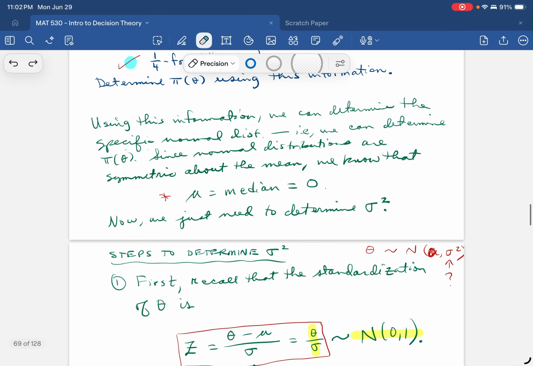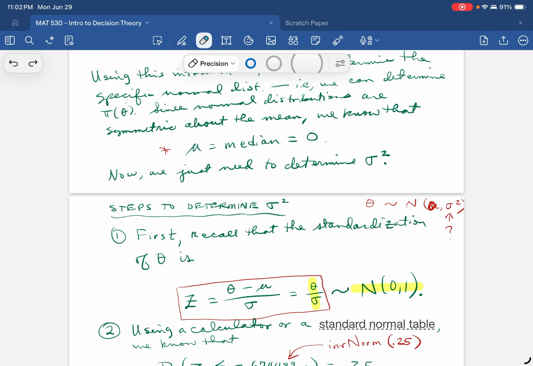So again, our theta is from some normal distribution, and it's the sigma squared that we do not know. Recall that the standardization, in this case of theta, which we're treating as random, is what you see there, right? You just subtract the mean and then divide by the standard deviation. We determined that the mean is 0. We already know that, so really our z is just theta over sigma, and that is a standard normal random variable.